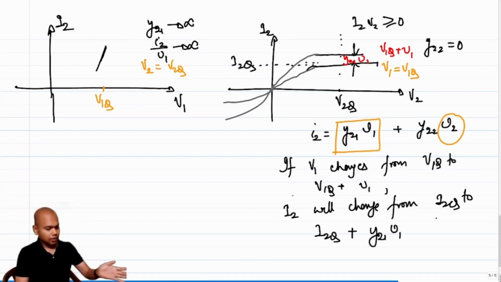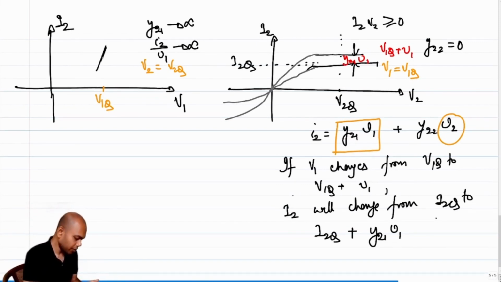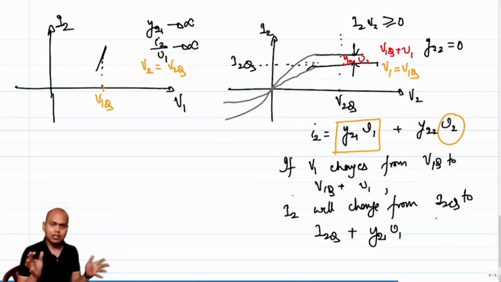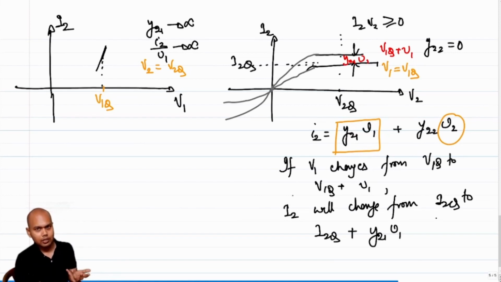Does it say anything about what will happen if I deviate from V1Q? It doesn't. The wish list doesn't say anything if I deviate from V1Q. All we need is a place in the IV characteristics of I2 versus V1 where the slope is very high.